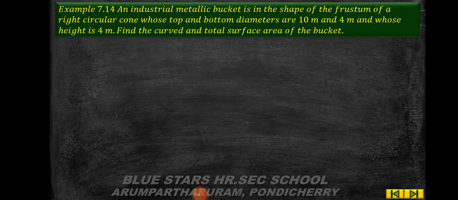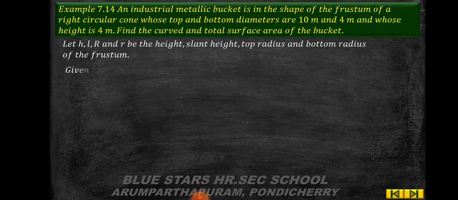Example 7.14. An industrial metallic bucket is in the shape of the frustum of a right circular cone whose top and bottom diameters are 10 meter and 4 meter and whose height is 4 meter. Find the curved and total surface area of the bucket.